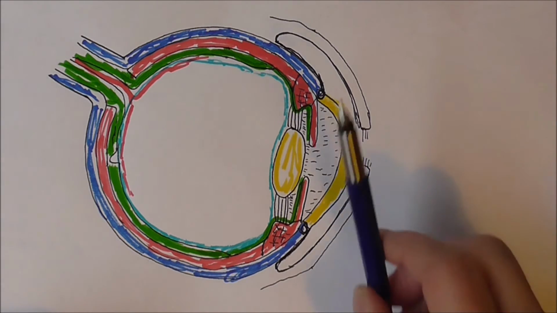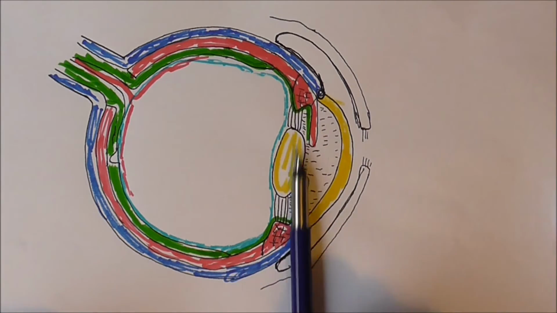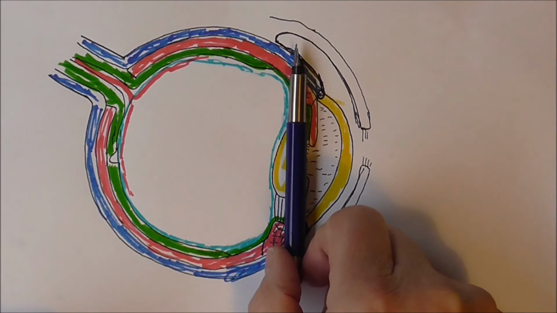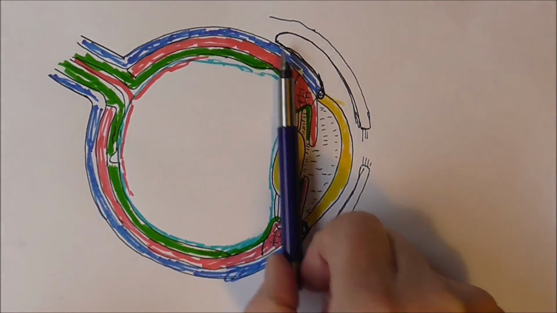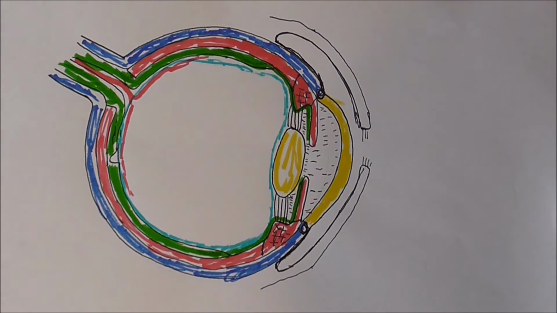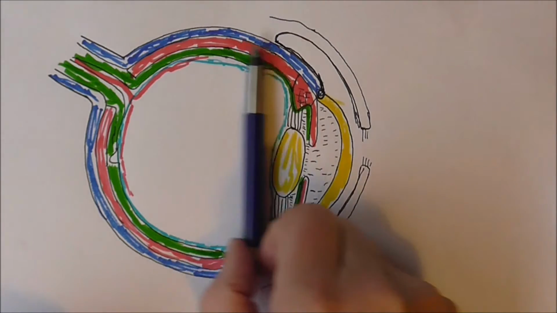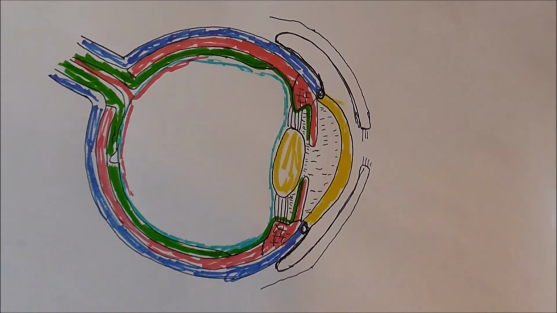The anterior part of the eye is in front of the lens, so that's the lens there, and the posterior part is behind the lens. So about 4/5 of the eye is actually behind the lens. Again, a relatively small part that we see at the front. And there's also extrinsic eye muscles. So the eye's got 6 extrinsic muscles.